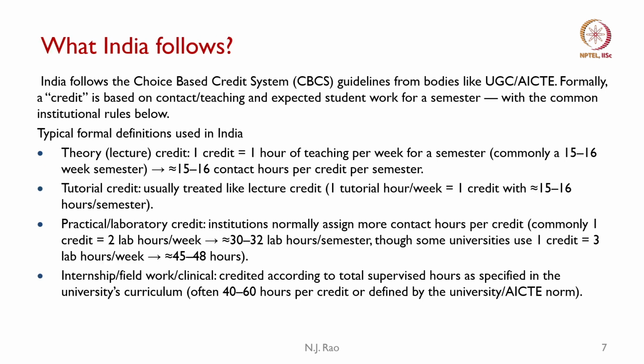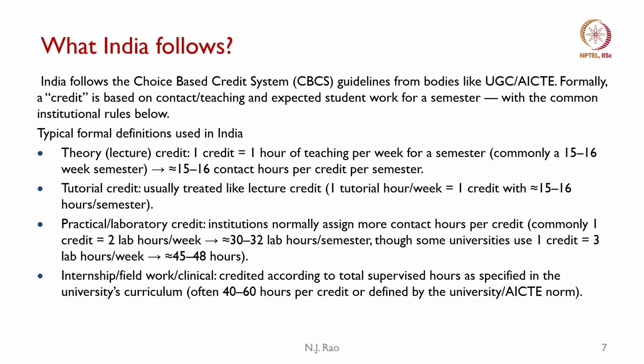Now let us see what India follows. India follows the choice-based credit system, CBCS as it is called. As per the guidelines from bodies like UGC and AICTE, formally a credit is based on contact, teaching and expected student work for a semester with the common institutional rules below.